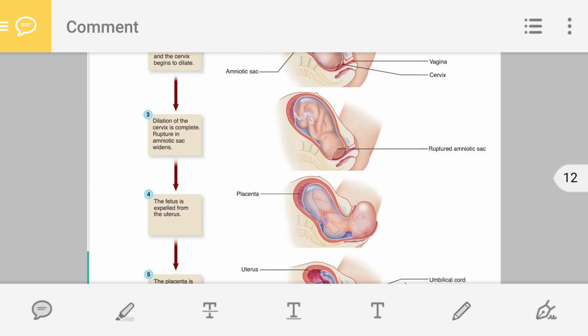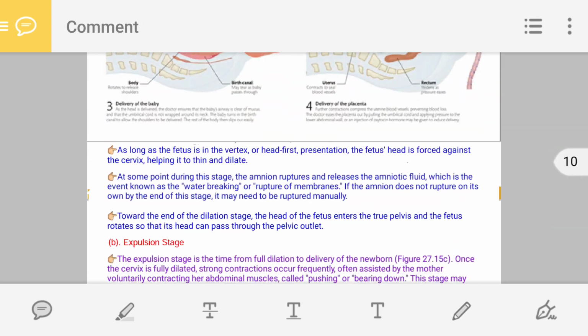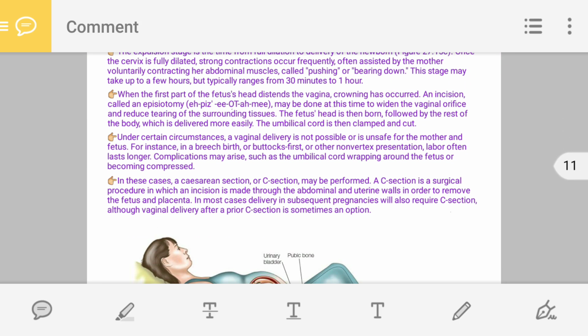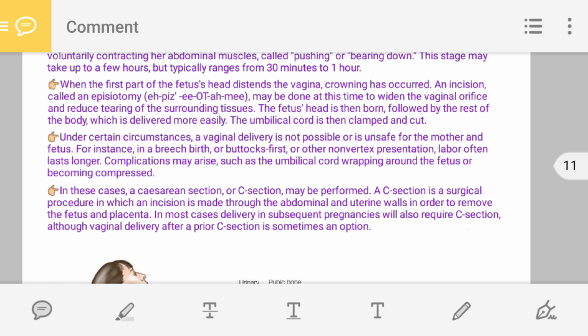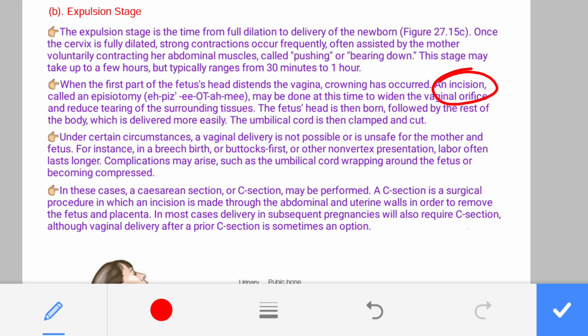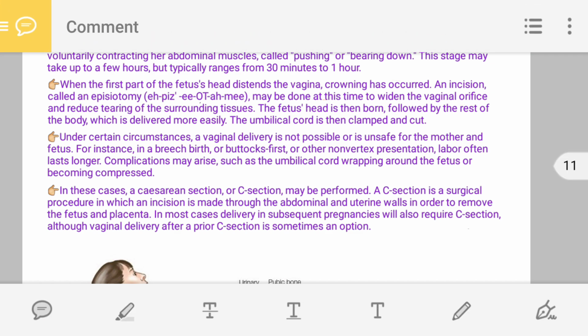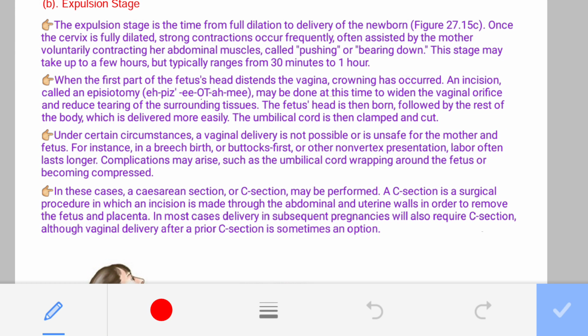So that point I have written over here. That incision performed by the gynec doctor is known as the episiotomy, to widen the opening of the vaginal orifice.